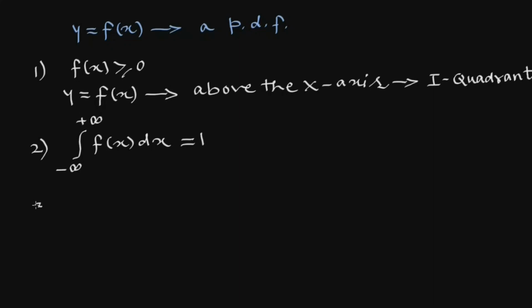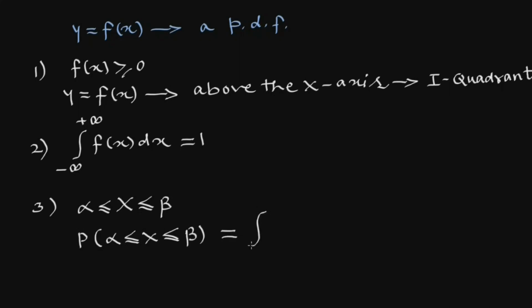Then the probability that the continuous random variable x lies between two numbers alpha and beta is P(alpha ≤ x ≤ beta), the integral of f(x) dx from alpha to beta.